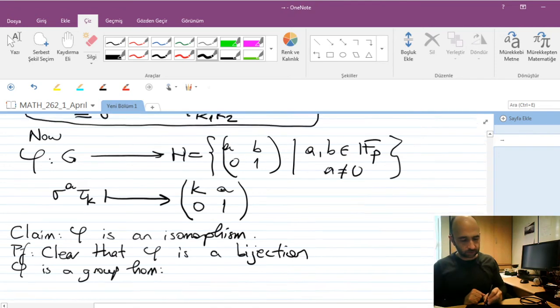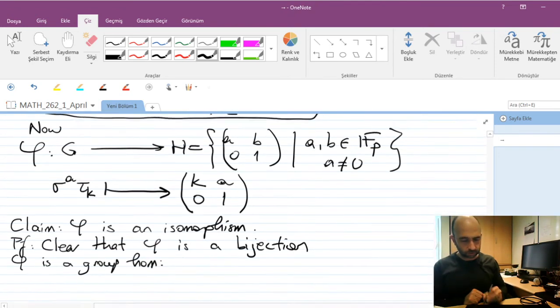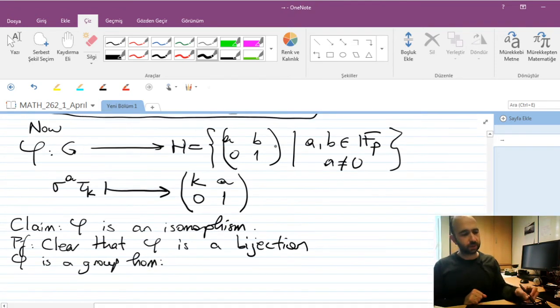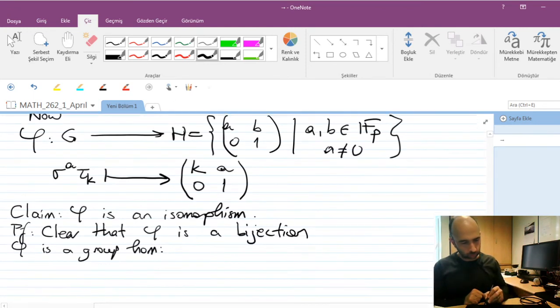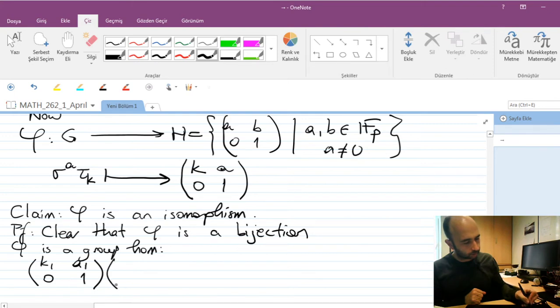And for this, it's enough to check that the matrix multiplication rule agrees with what we found upstairs. So let us multiply (k1, a1; 0, 1) with (k2, a2; 0, 1).